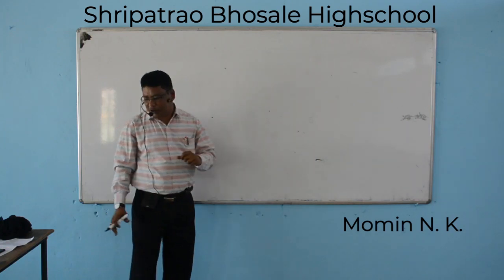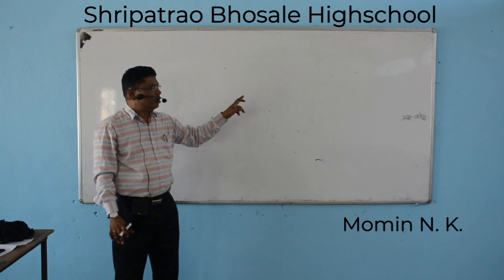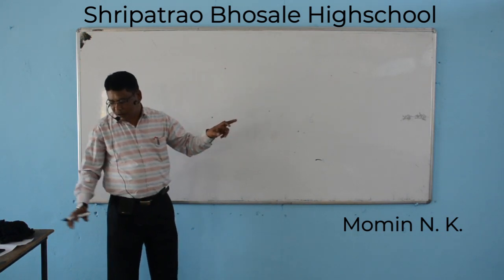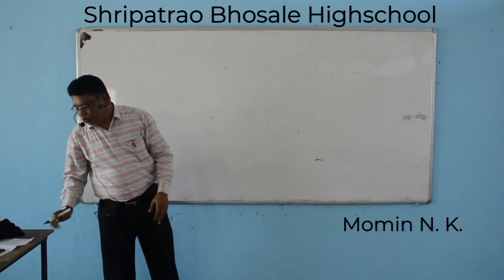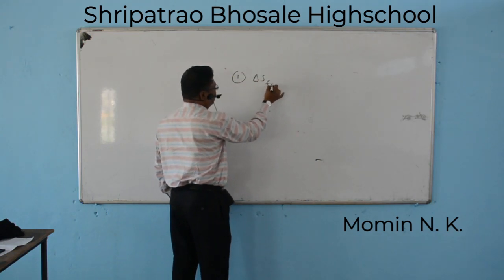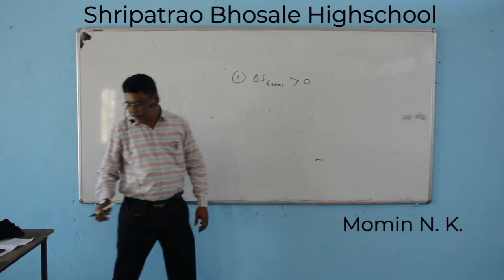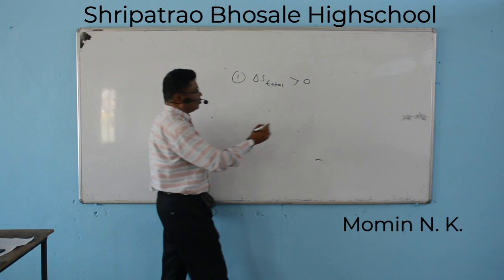But from this equation, delta G is equal to minus T delta S total, it is clear that for a process to be spontaneous, delta S total is greater than 0 and delta G is less than 0.